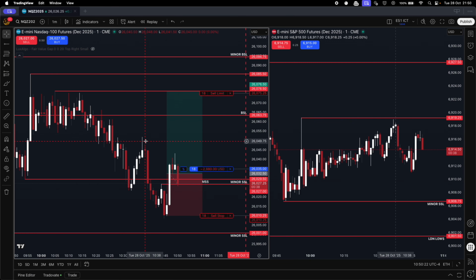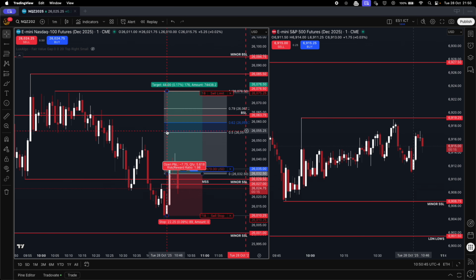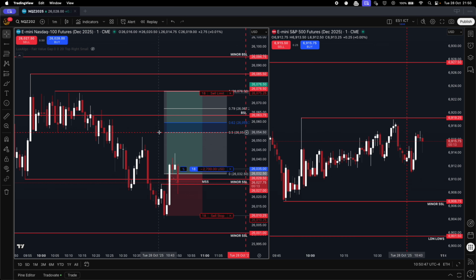And then as far as monitoring and managing this trade, the only thing that we have to think about is how we are going to minimize our risk if the trade was to play in favor. Now, if you mark using the fib tool from our TP to break even, the 50% point is what we pay attention to.